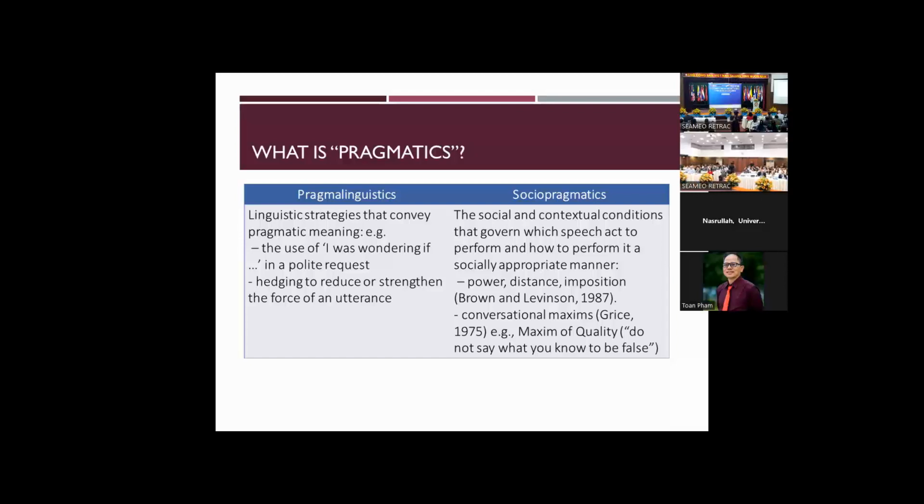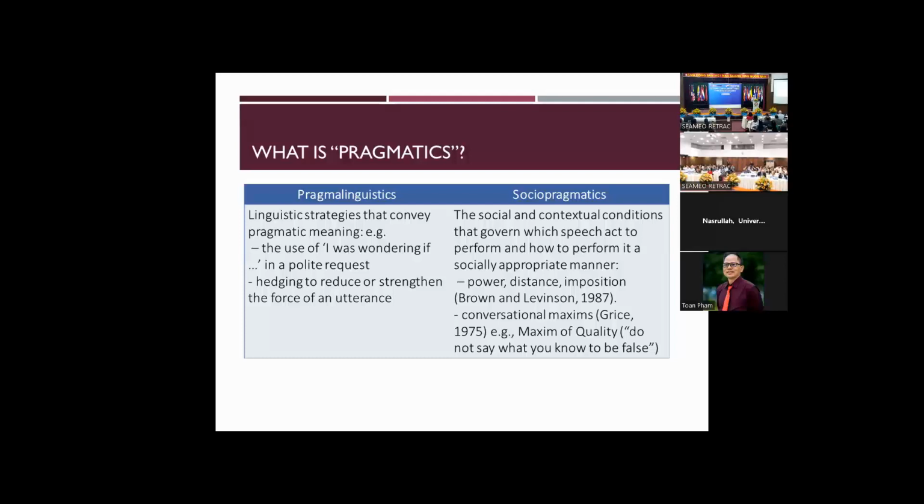So it relates to the linguistic strategies that you need in order, for example, to produce a polite request. If you want to produce a polite request, you would not say, I want you to. You would say, I was wondering if you would.